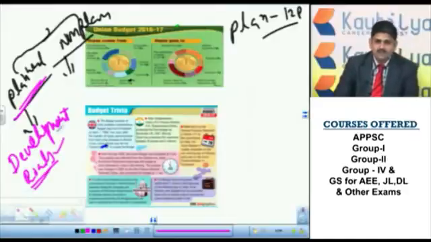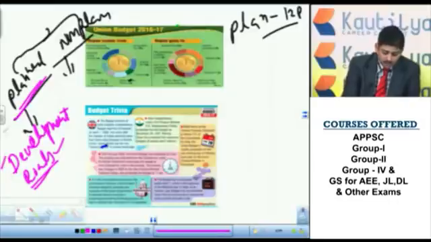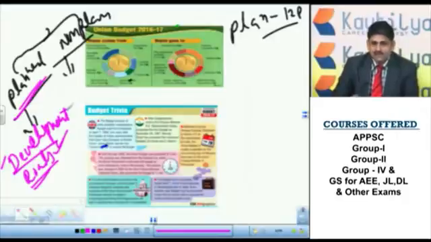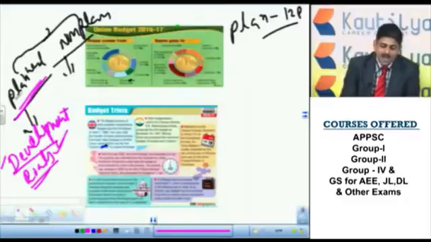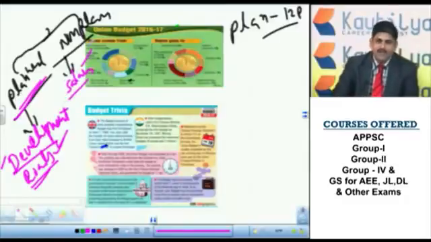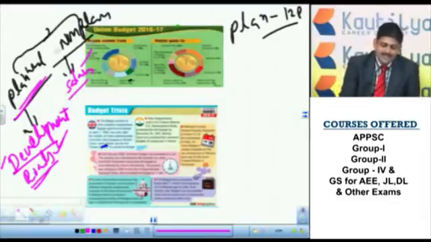Anyway, by imposing toll tax, the government can get the money back. Even if it doesn't get the money, it is for the development of the people. So this is one of the development activities. That is the reason why it is known as planned expenditure. Non-planned is like when you take salary. The government will not get this amount back in any way. That is the reason why it is known as non-planned expenditure.